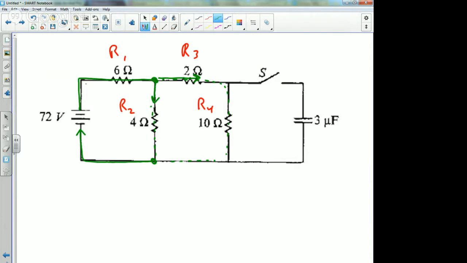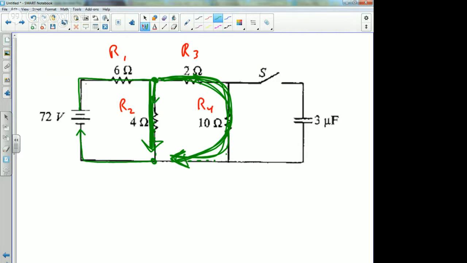Now, look at how it's split. One went down, and one went across, like here. Is R1 in series with only R3? No, because the current split.